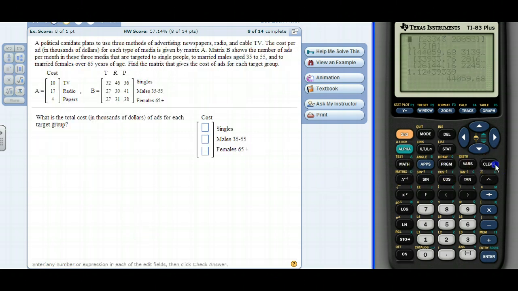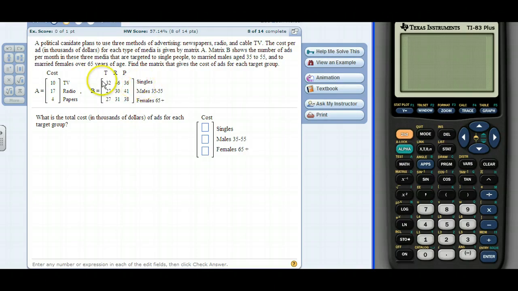Alright, and then this last problem. This is our breakdown, our demographics. If you look at what this information is telling us, the T, the R, the P: the T stands for television, the R stands for radio, the P stands for papers.